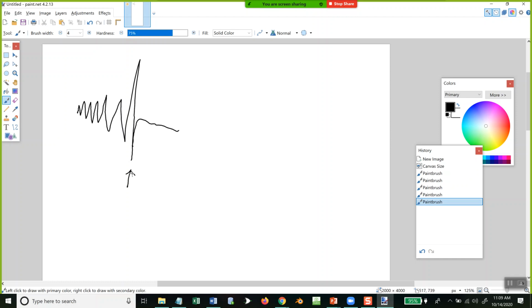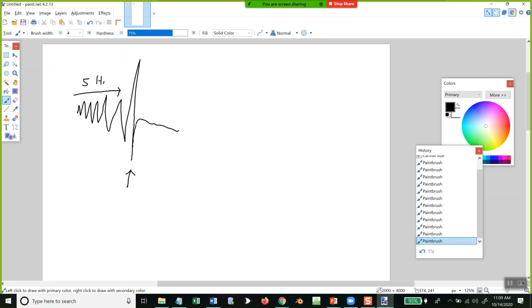As I understand it, heart attacks are not like 5-hour events. They're very quick. By the time they get to your room, it's probably over. But this leading up to the heart attack, this could be a 5-hour event.